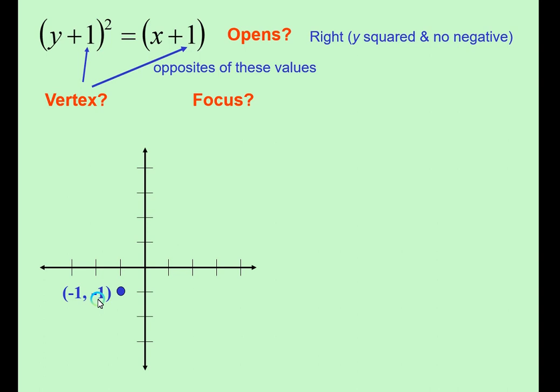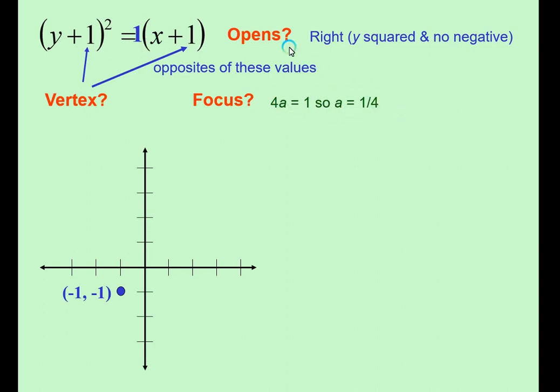Next, where is the focus of our parabola? Our focus is a units away from the vertex. So we have to consider, I placed a 1 here, since there is no number written here. So we have 1. Therefore, our 4a is equal to 1, so our a is equal to 1/4.